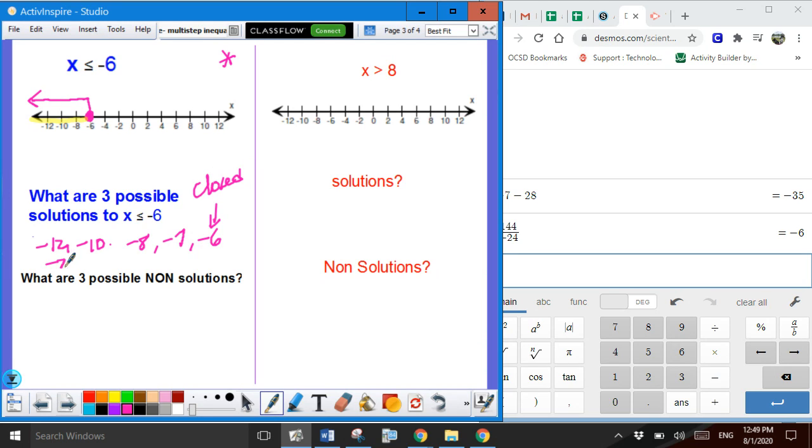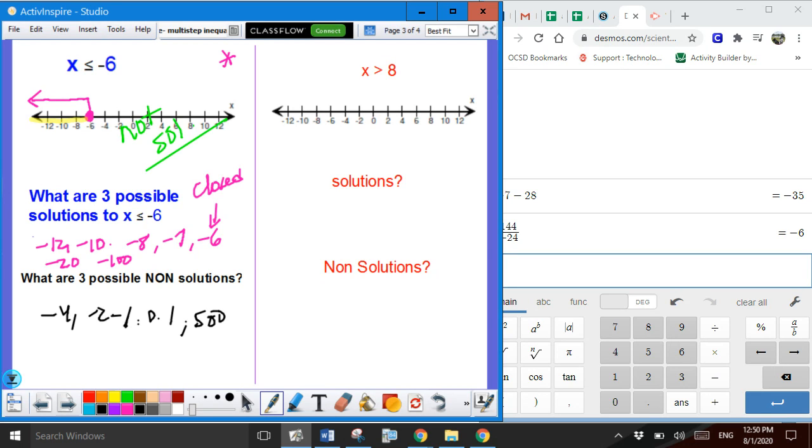I could also use like negative 20, negative 100, because it's going to keep going. Now, numbers that don't work, that's going to be everything on this side. Okay, so I could have picked negative 4, negative 2, negative 1, 0, 1, 500. Anything that is bigger than negative 6 is not going to work.